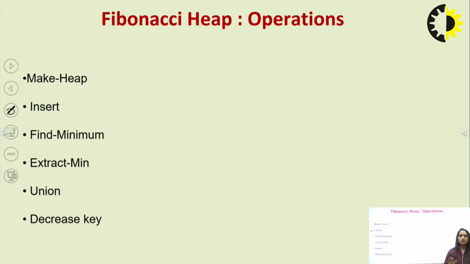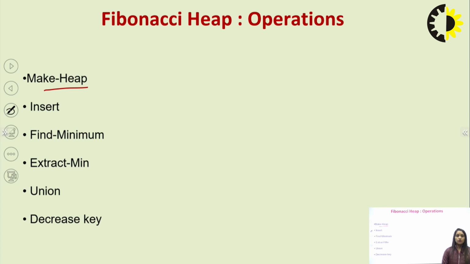Now there are some important operations of Fibonacci heap, just like binomial heap also consists of these operations. In Fibonacci heap, we have make heap, or you can say create heap. Next operation is insert, then find minimum, extract minimum, union, decrease key.